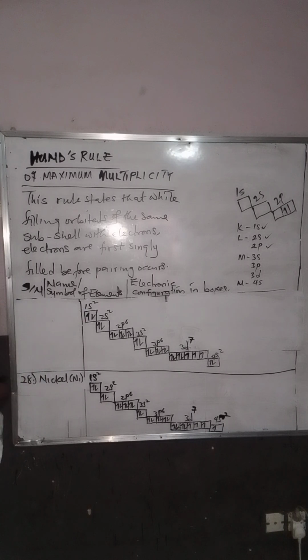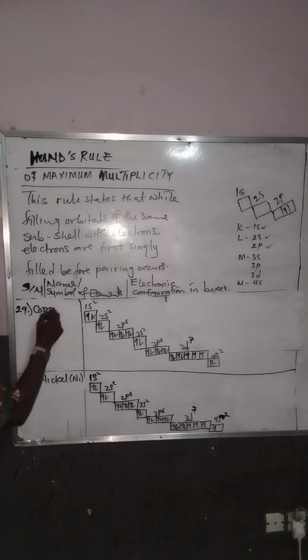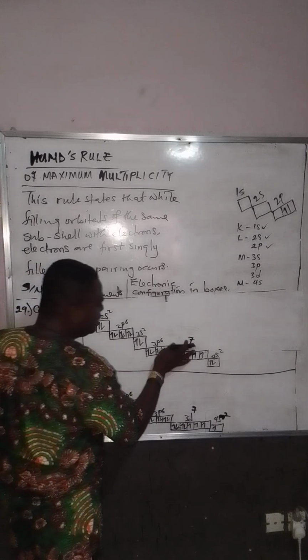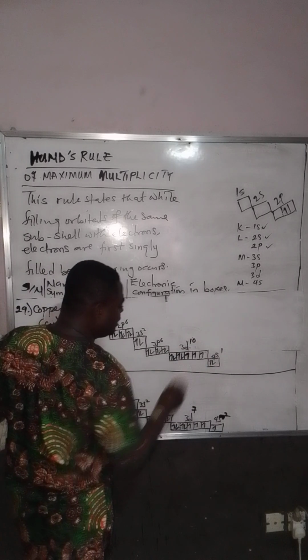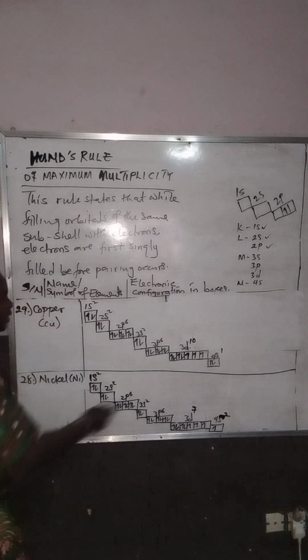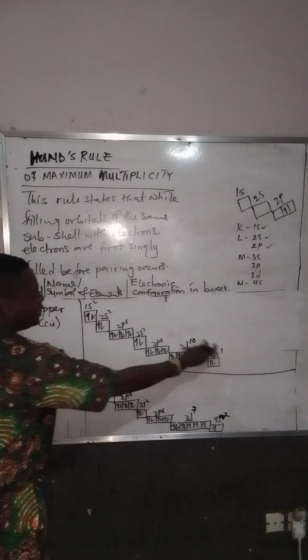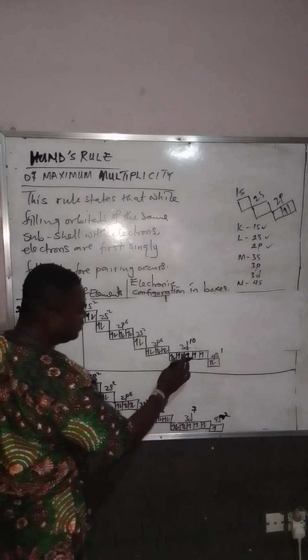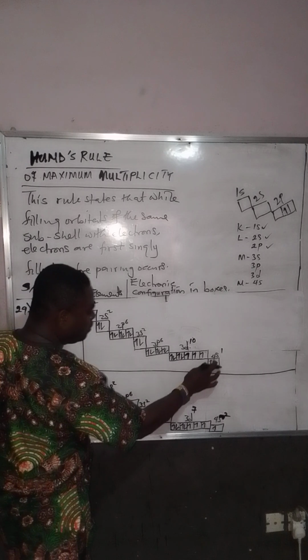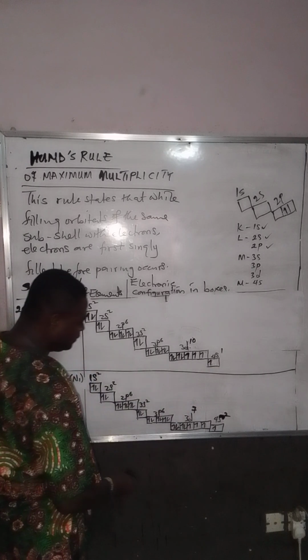Another bastard apart from chromium is copper, 29. Copper, Cu. So this one is going to first of all end in 4s1 and 3d10. It's supposed to be 3d9, but since it's now 4s1, it's adding 1 to this.